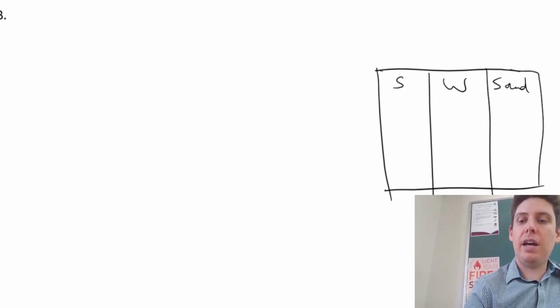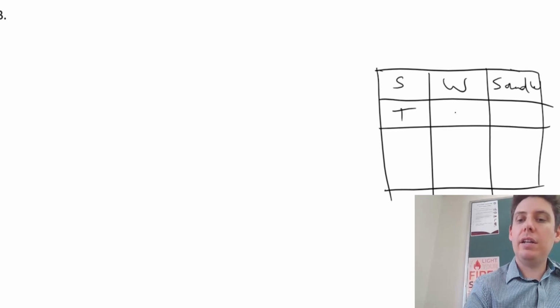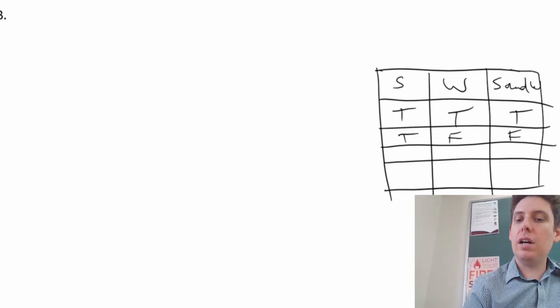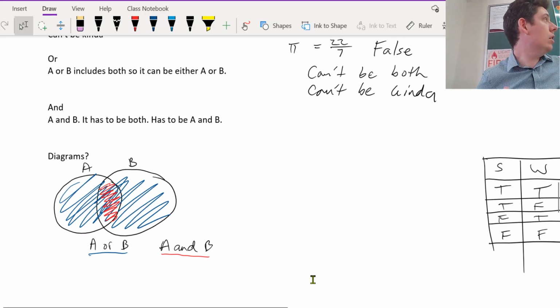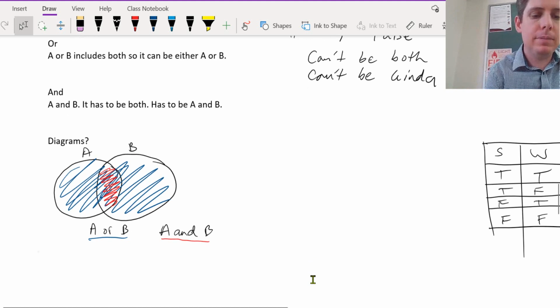If it's Sunday and it's the weekend, it's true. If it's Sunday but it's not the weekend, it's false. If it's not Sunday but it's the weekend, it's false. And if both are false, then it's false.